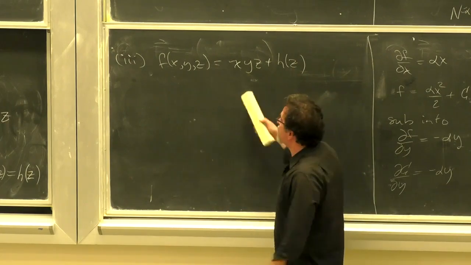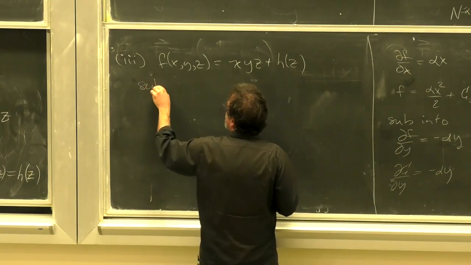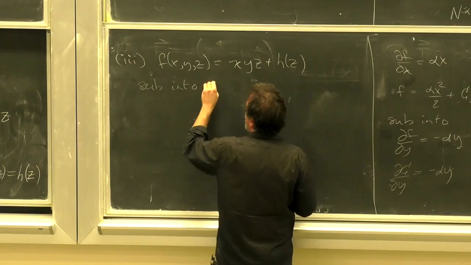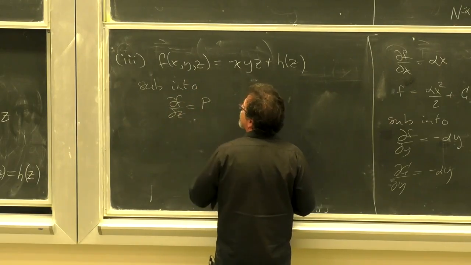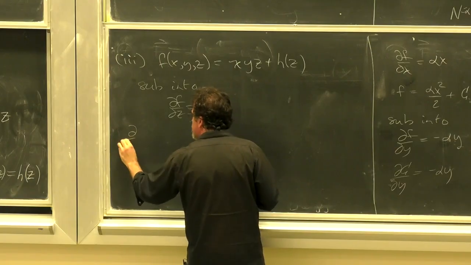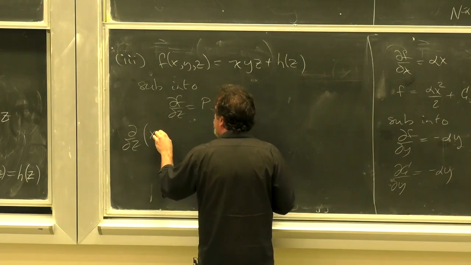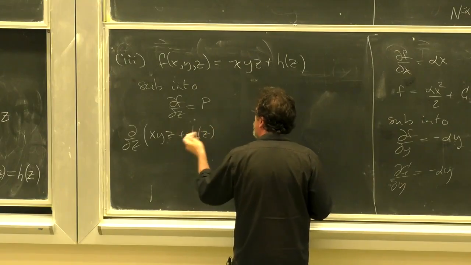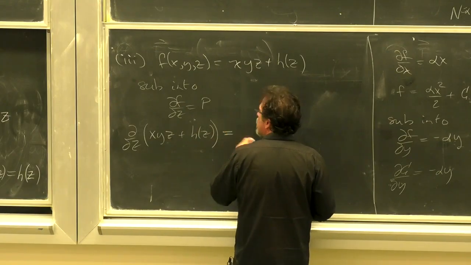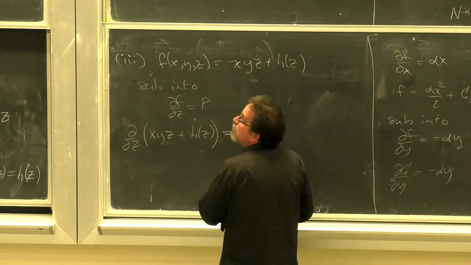Right? This I sub into that expression there, df/dz is equal to P. So that tells me d by dz of xyz plus h of z, this is truly only a function of z now, is equal to P, which is xy.